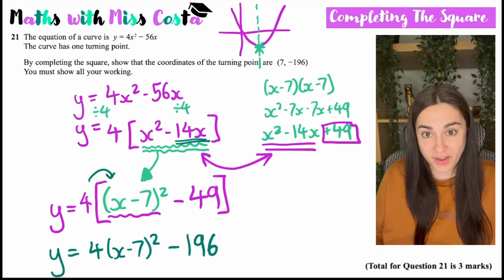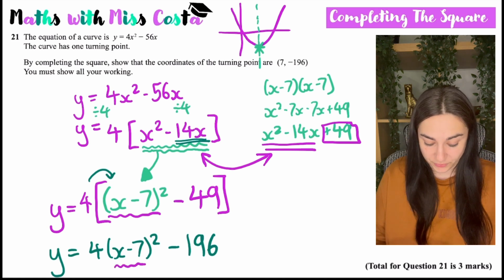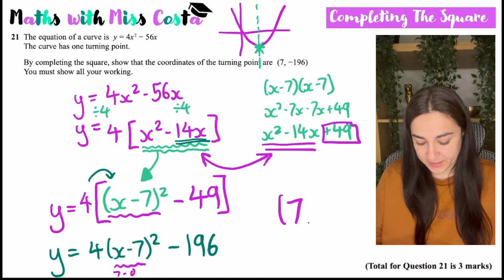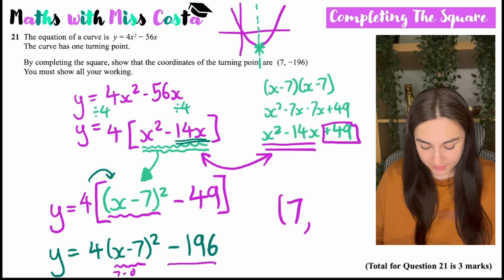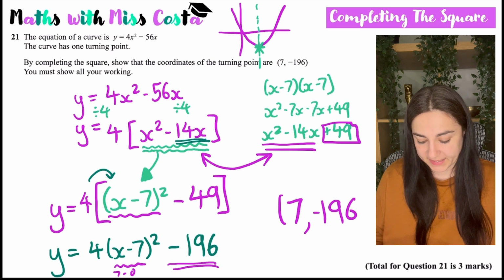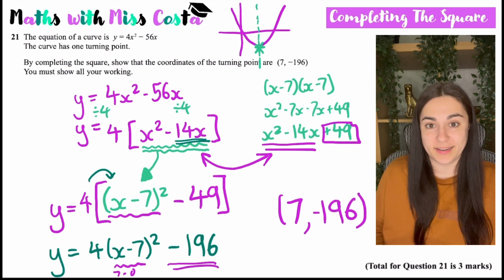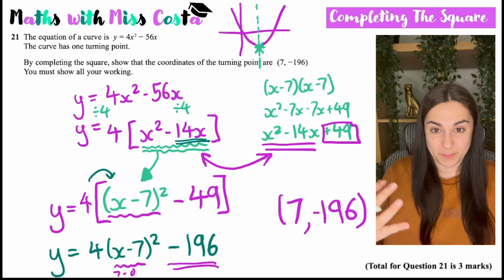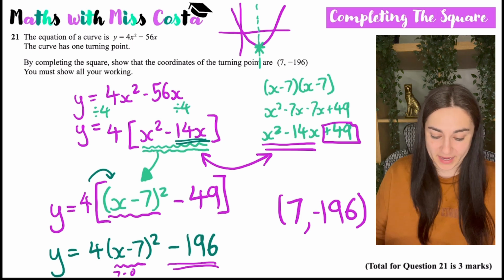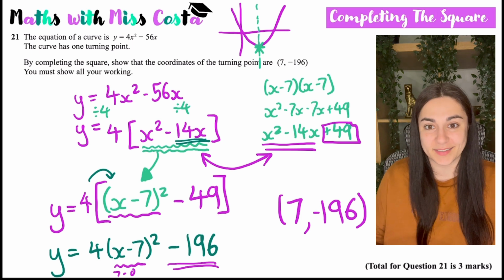Now remember that the turning point is going to be the inverse of whatever is in the bracket. You're trying to get the bracket to become 0. So 7 take 7 gives me 0. So therefore the x coordinate is going to be 7 and the y coordinate is minus 196. But all you need to do for this question is complete the square, because by completing the square, you show that they are the turning points.